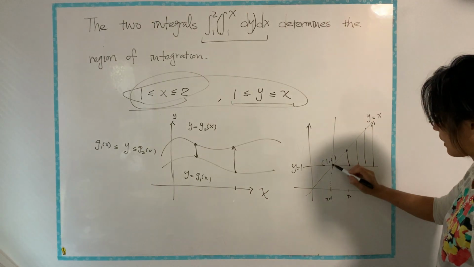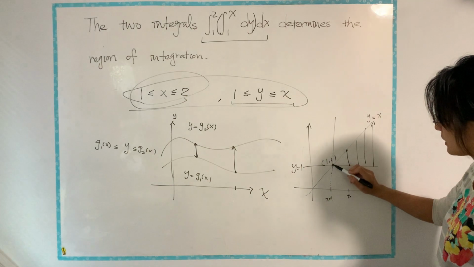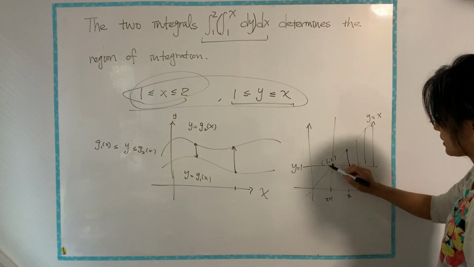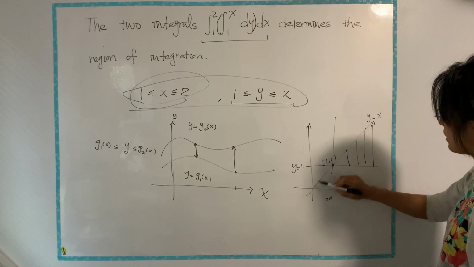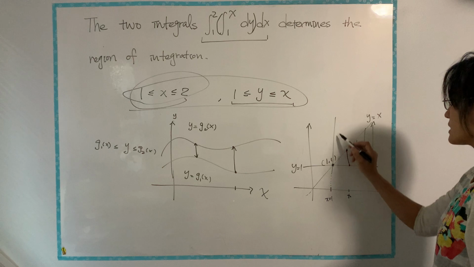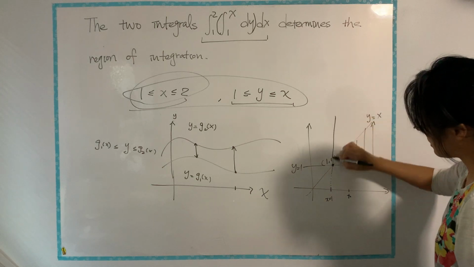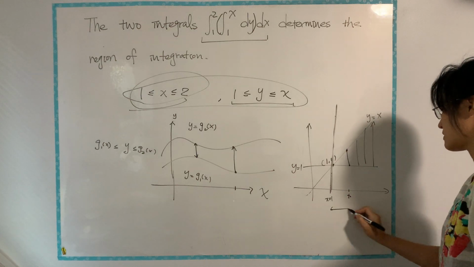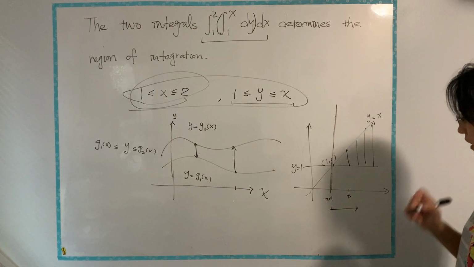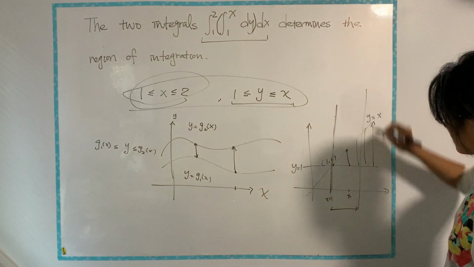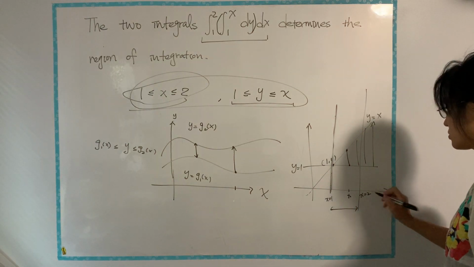So for this point the y coordinate is 1, so it lies on this horizontal line, and because it's 1, 1, x is equal to y, so it also sits on this diagonal line. Okay, so for the x value, I don't want anything that's smaller than 1. I only want stuff that's larger than or equal to 1. And then I'm going to stop at x equal to 2.